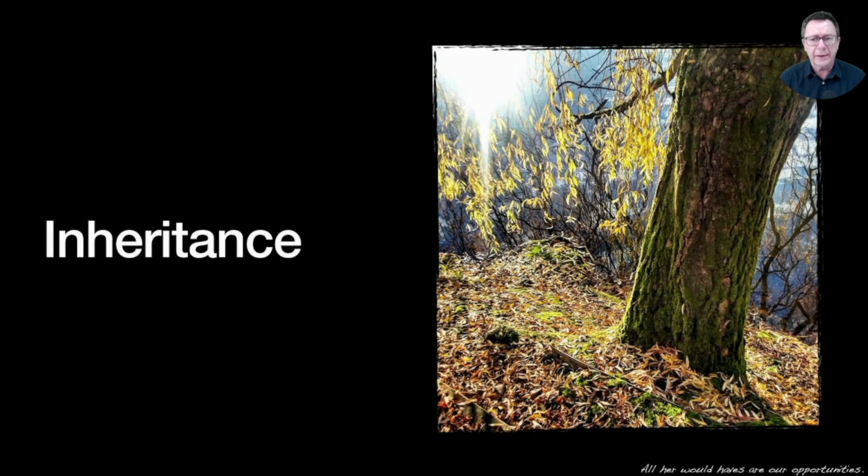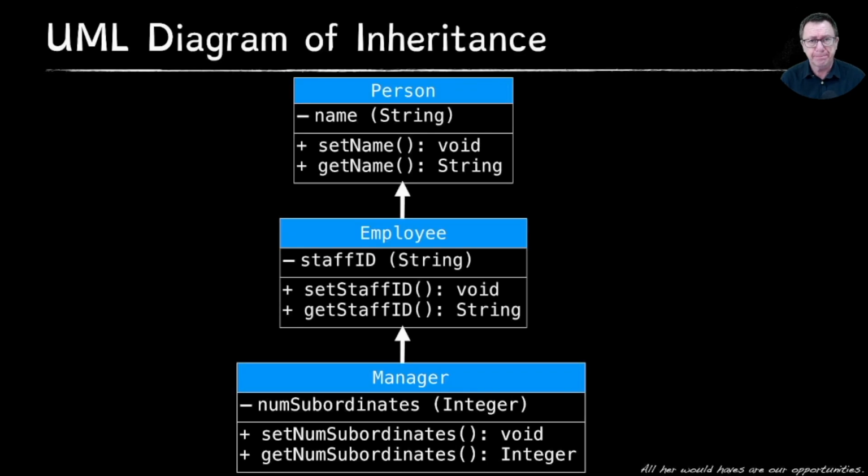Let's take a look now at inheritance, an extremely crucial part of object orientation. We've got our UML diagram, which we've already seen, and we've got our person up here at the top. We've then got our employee.